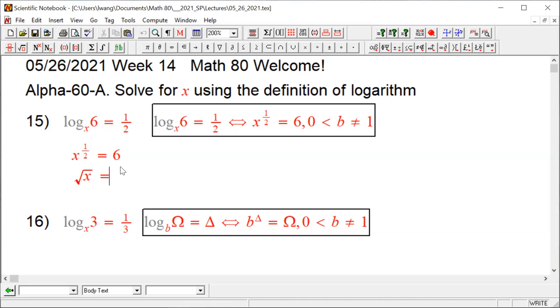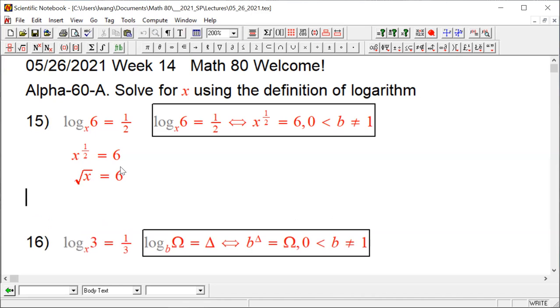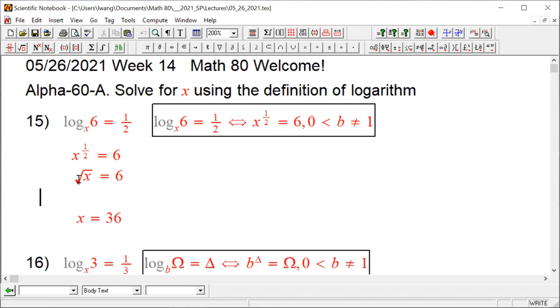So the square root of x equals 6. If we square both sides, x must equal 36. You follow me? When we square both sides.